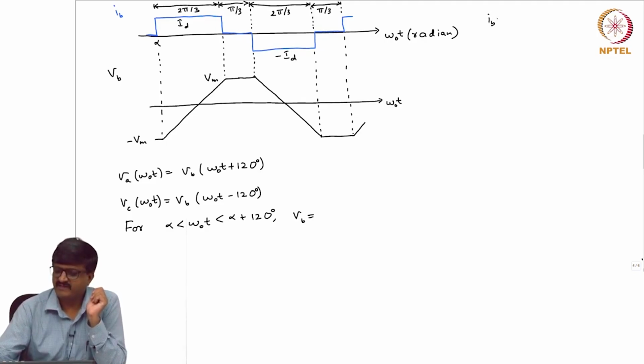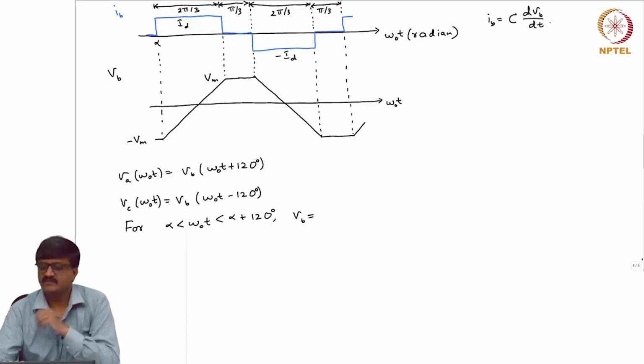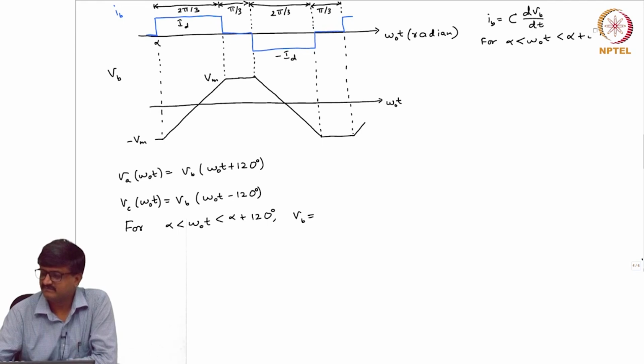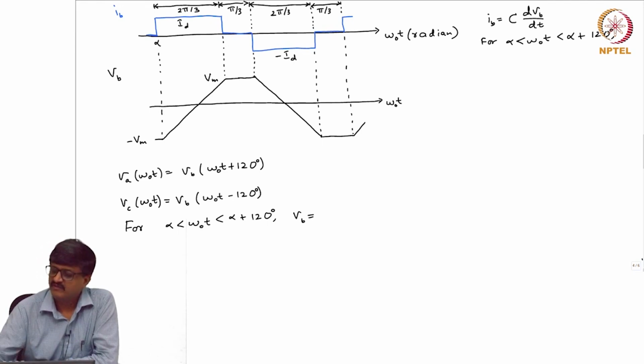We know that IB is C dVB by dt. Now, if I take omega OT between alpha and alpha plus 120, what is IB?